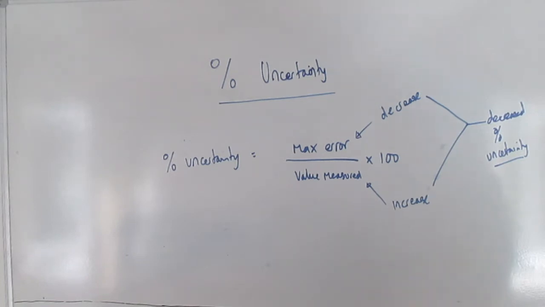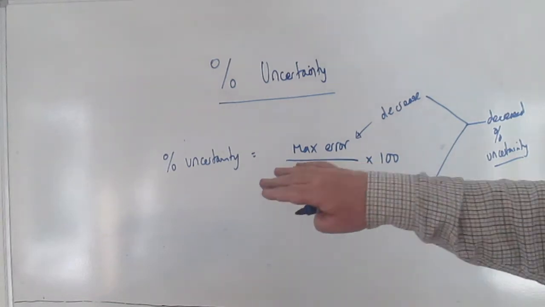So you can make suggestions like that, but don't just say need a better balance, because they're going to want to know better in what sense. So specify something like a balance that reads to 3 decimal places instead of 2 decimal places, and then that would be a valid way of saying, yeah, that would decrease the uncertainty in percentage terms.